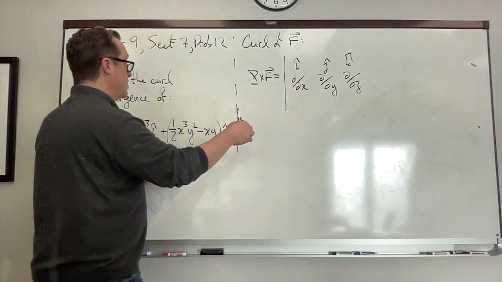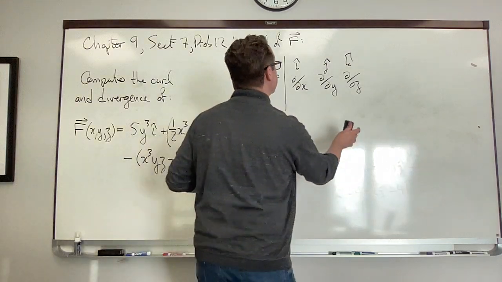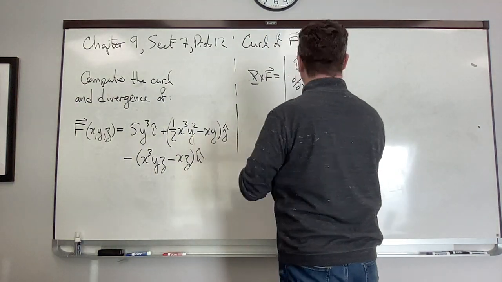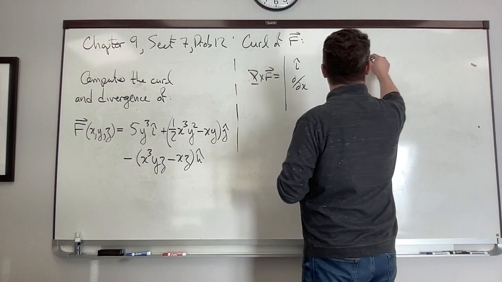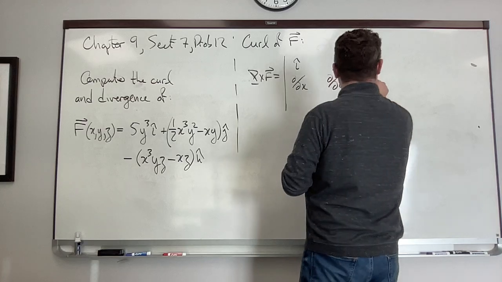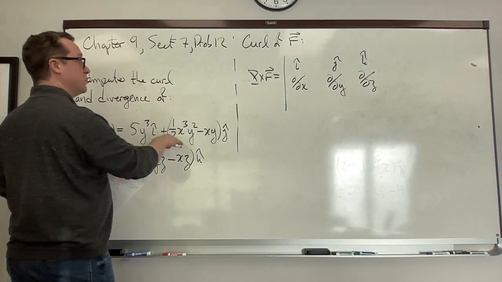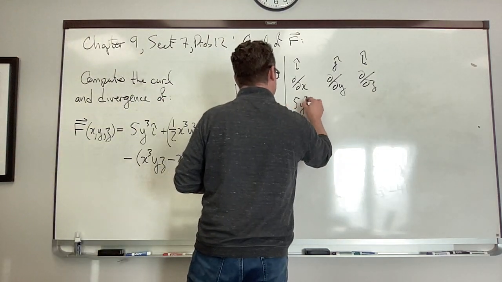Now we can go ahead and put these values in. I didn't give myself enough room here, so let me just stretch this out a little bit, because I have to fit this term in there. So i, j, k, then ∂/∂x, ∂/∂y, ∂/∂z, and then here I write the components of F. The first one is the x component, 5y cubed.